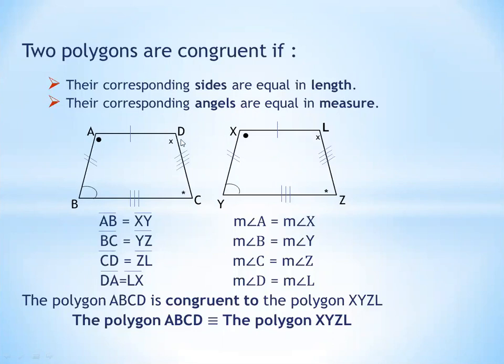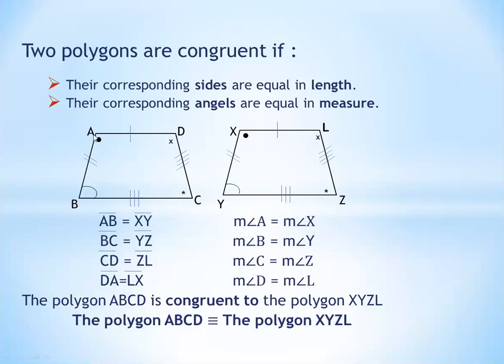What does this mean? Here I have two polygons. What is the name of this polygon? It's a quadrilateral because it has 4 sides, 4 angles, and 4 vertices. First point, their corresponding sides are equal in length. What does it mean?